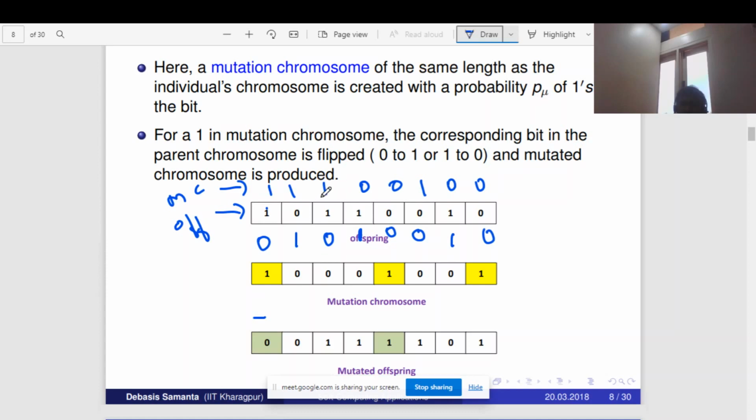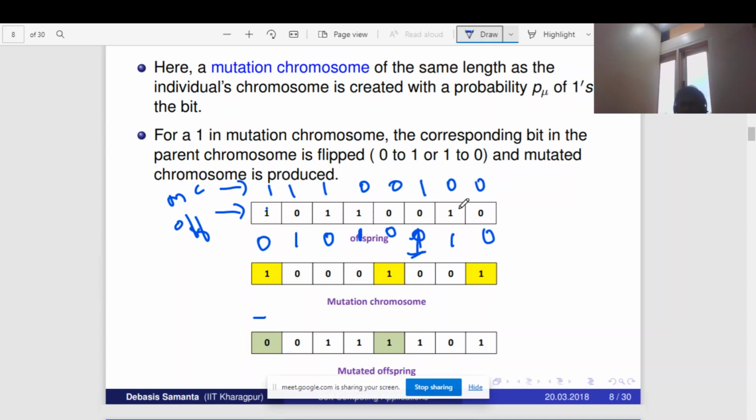So here there are three ones. So all these things should be flipped. So this one becomes zero. This zero becomes one. This one becomes zero. This is 0 0. Okay, so this 1 and 0 will come as it is. This is 1. So this 0 should become 1.